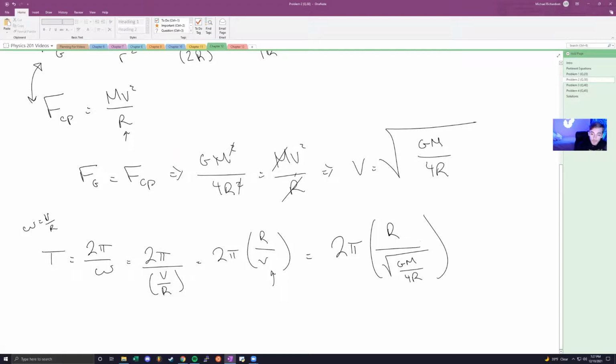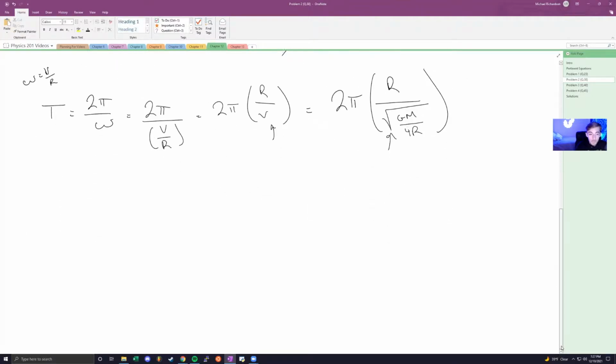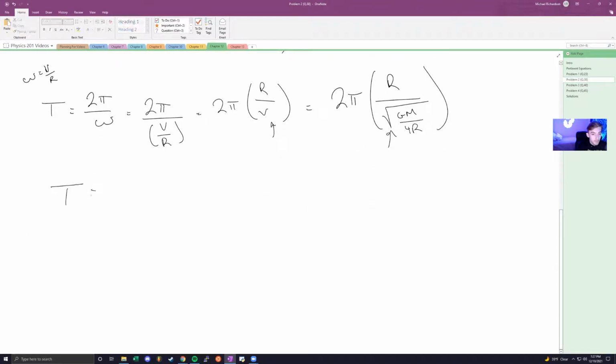Let's take the reciprocal of this so that we're not dealing with a number divided by a number divided by a number. So by simplifying that a little bit more, we get that it'll be 2 pi r times the square root of 4r divided by Gm. Now, we could leave it as such.